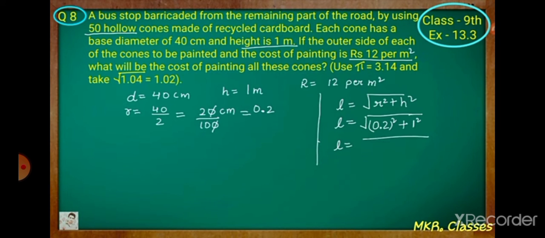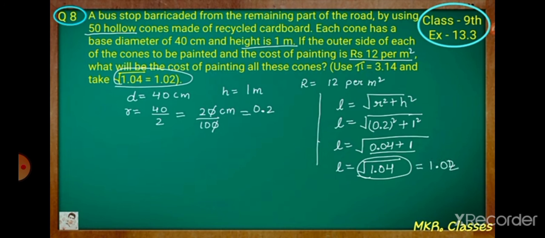Again, we need the slant height first of all. The diameter is given as 40, which means r is equal to 20 centimeter. But the rate of painting is given in meter terms, so we'll convert into meter, which gives us 0.2. And the height is 1 meter. So L is equal to under root r square plus h square.